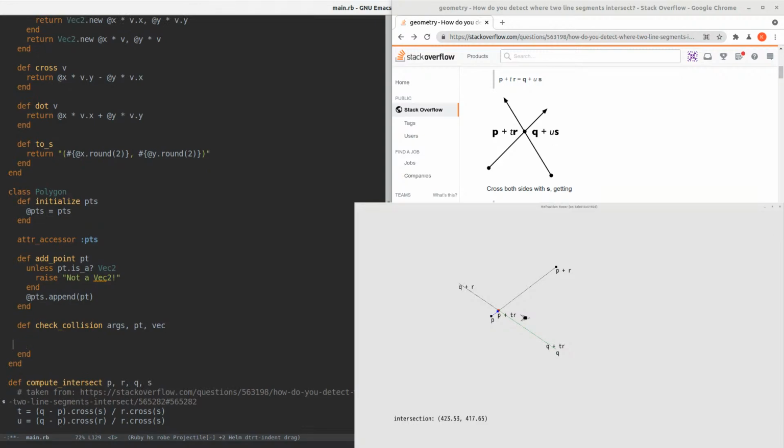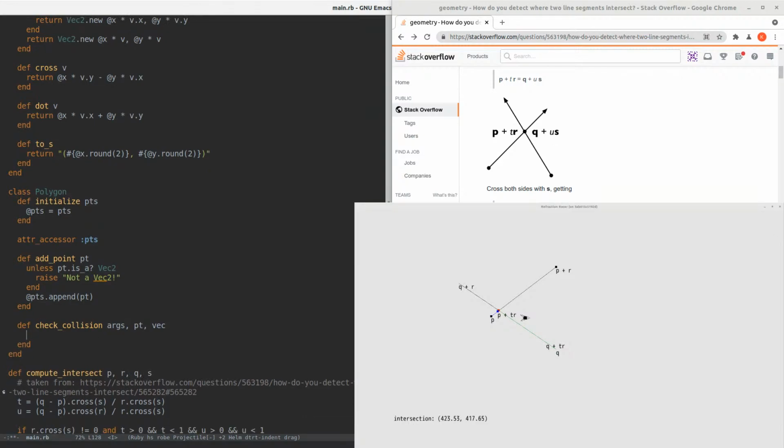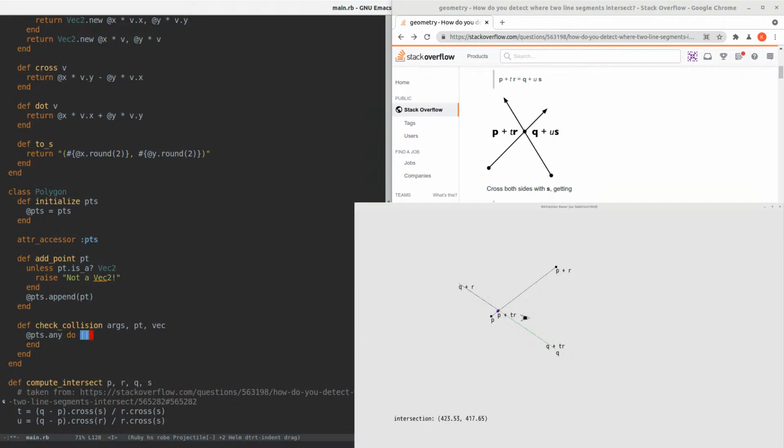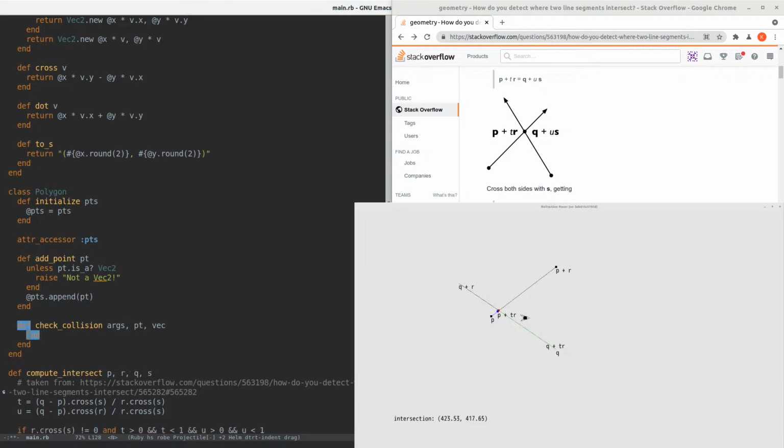And then for this, we'll just check. I think what we can do is @points.any? Does that sound right? Or actually, no, wait, @points.each_cons, sound right?